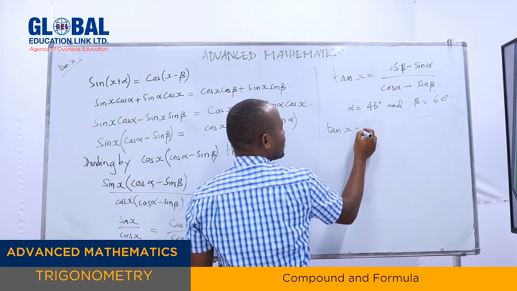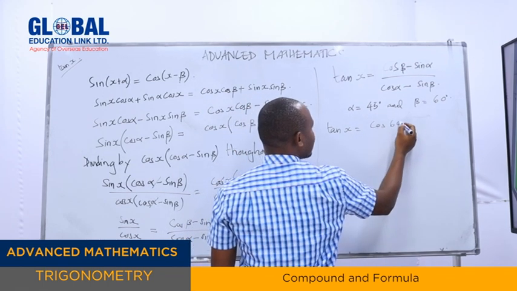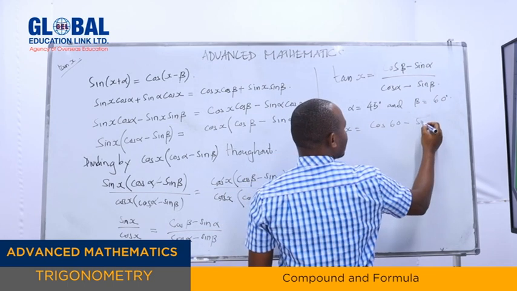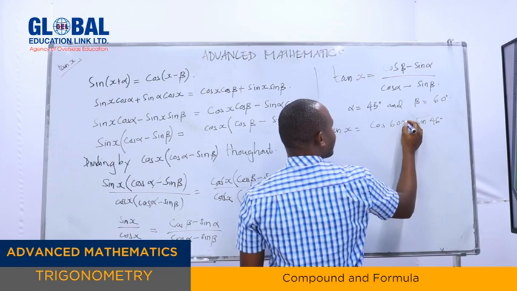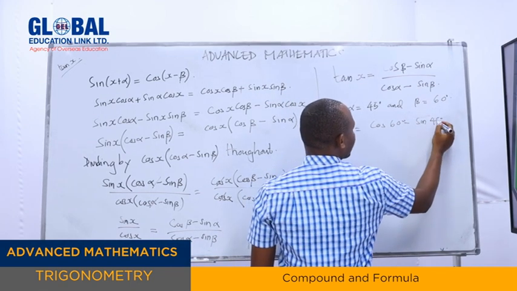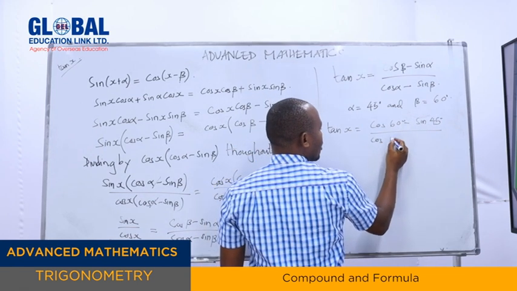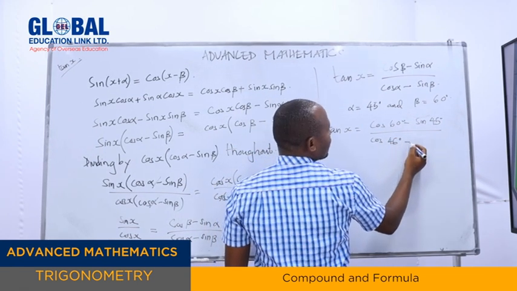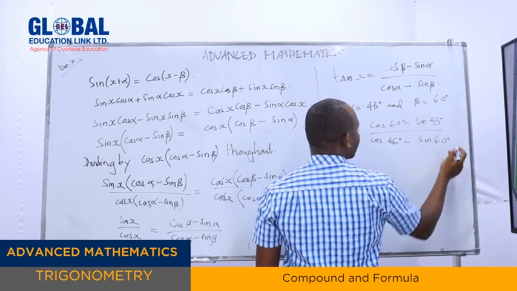That is to say, tan x equals what? Cos of beta, that is 60, minus sine of alpha, that is 45 degrees, over cos 45 minus sine 60.